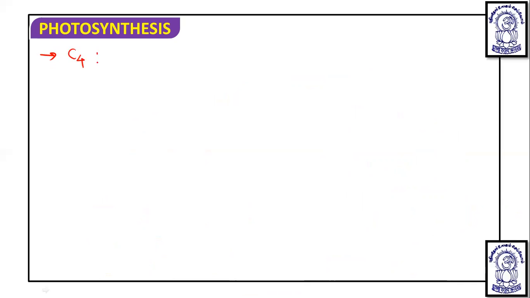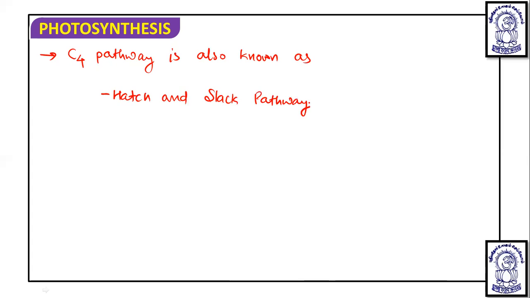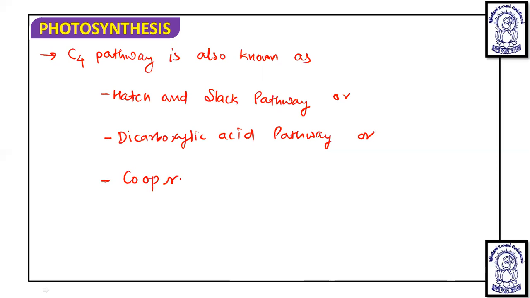So the C4 pathway is also known as the Hatch and Slack pathway, or dicarboxylic acid pathway, or cooperative pathway. Means when we study the pathway, we will understand why they are known as such.